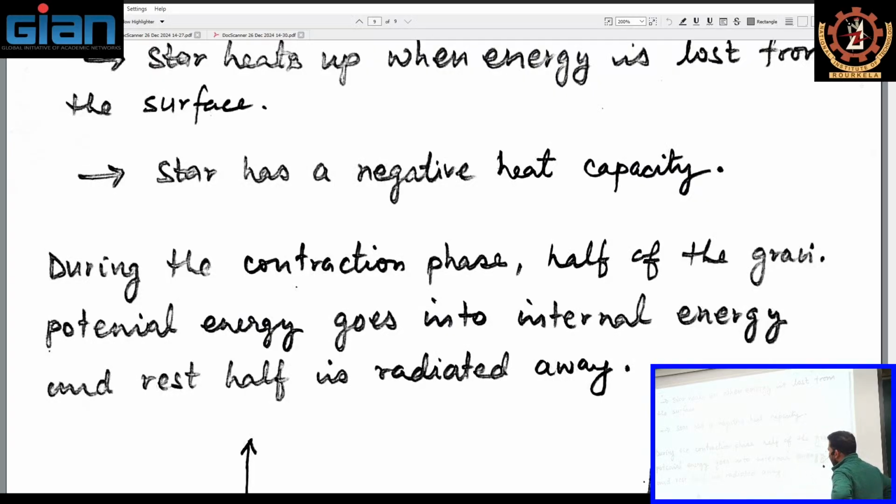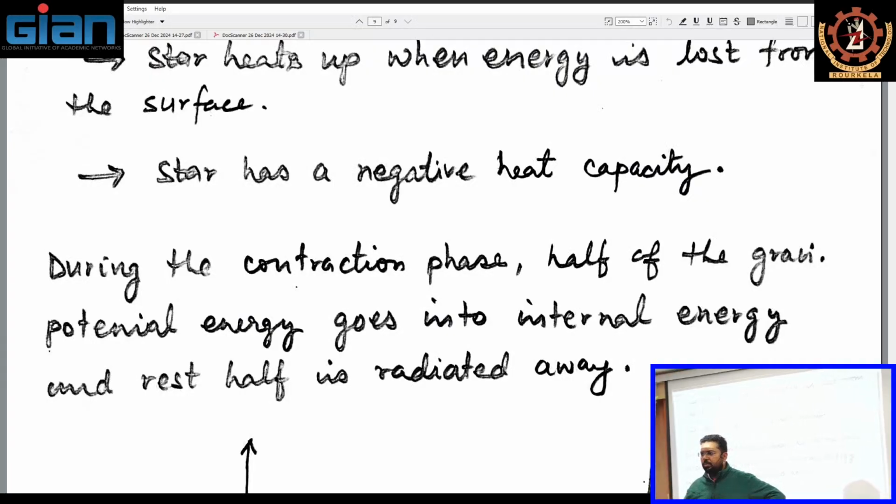But the point here is that from the contraction point of view, when the star contracts, it will use the gained gravitational potential energy to maintain its luminosity and to heat itself. So half of the gravitational potential energy will go into maintaining the luminosity of the star, and the remaining half will increase the temperature of the star, contributing more to the internal energy of the star.